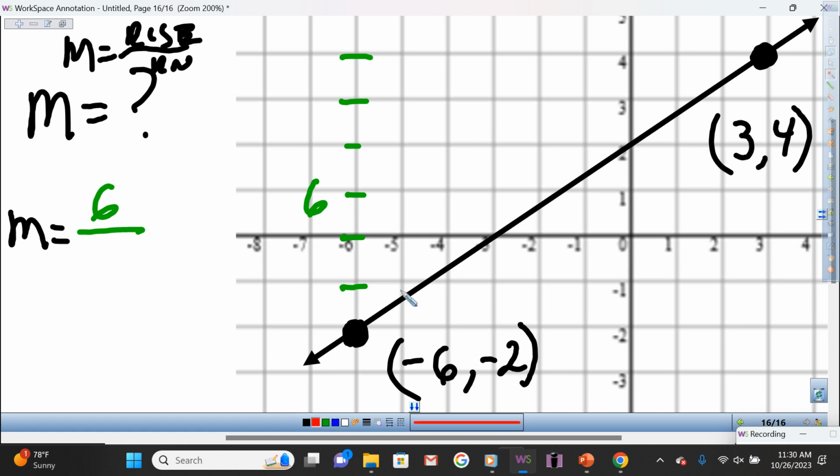And then what do I go to the what? Right. 1, 2, 3, 4, 5, 6, 7, 8, 9. Therefore, tell your neighbor the slope. What is the slope of that line? Slope of that line, Jaden.